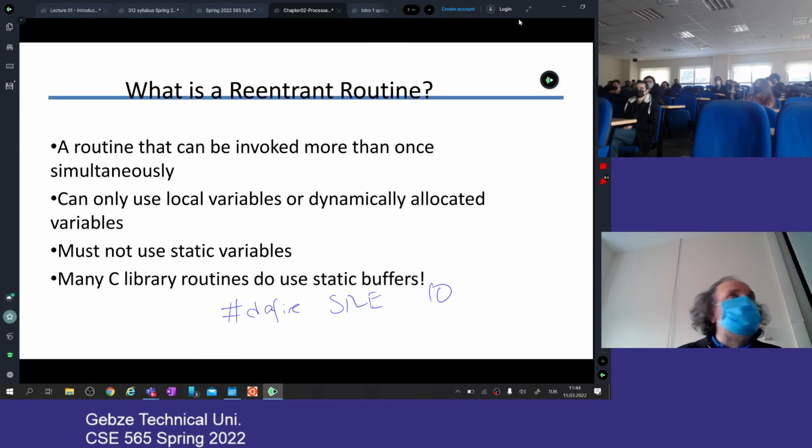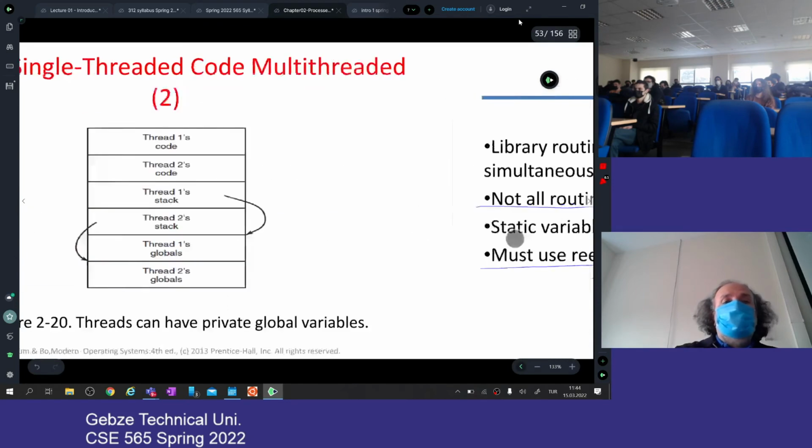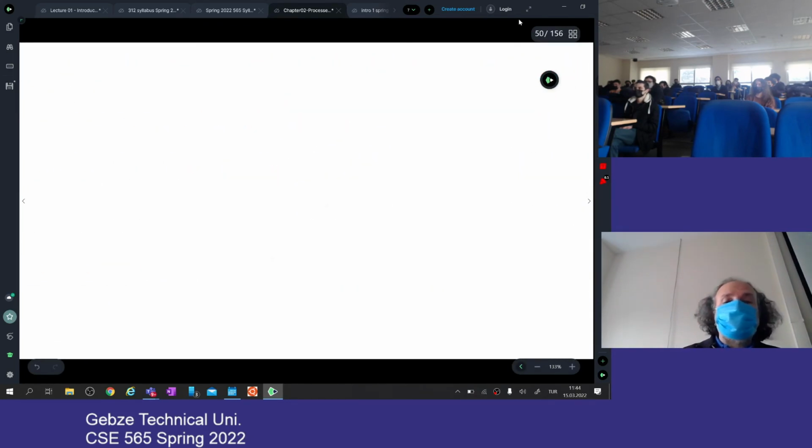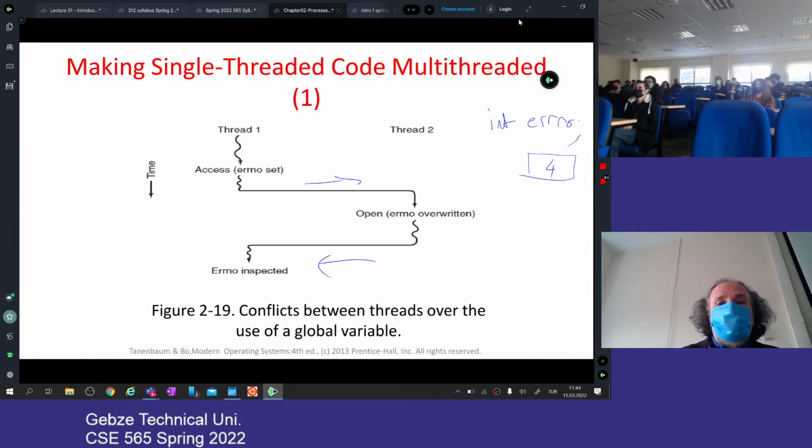multi-threaded applications. Again, the fact that the common address space is becoming a problem, because these kinds of things can happen with the global variables. Two different threads are modifying the same thing. You might say that, well, this is how I communicate between the threads.